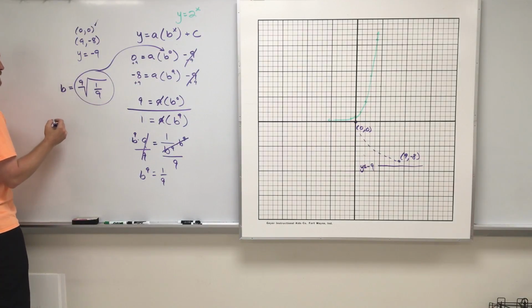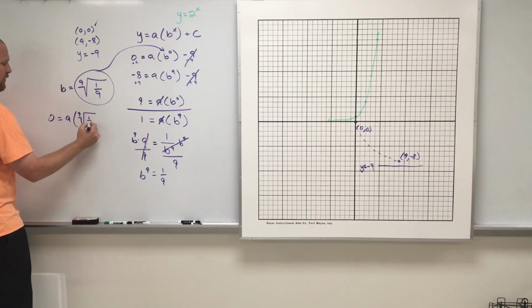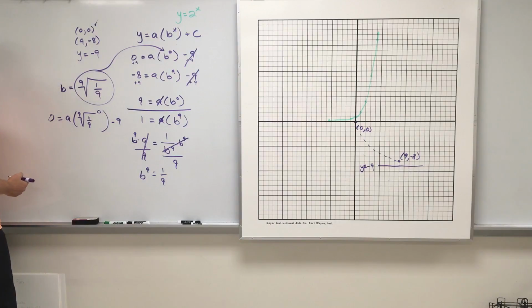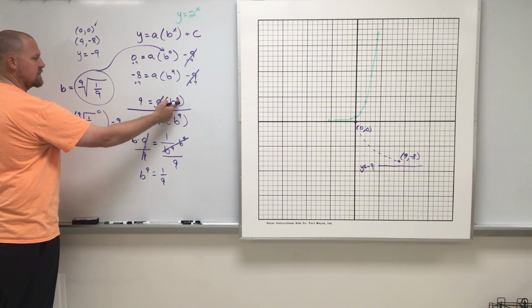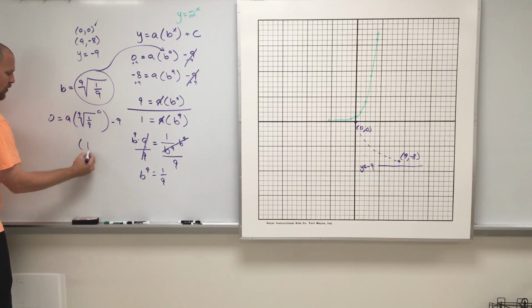So that tells me that 0 is equal to a times the 9th root of 1 over 9, to the 0 power, minus 9. Well, remember I said that b to the 0 is equal to 1.